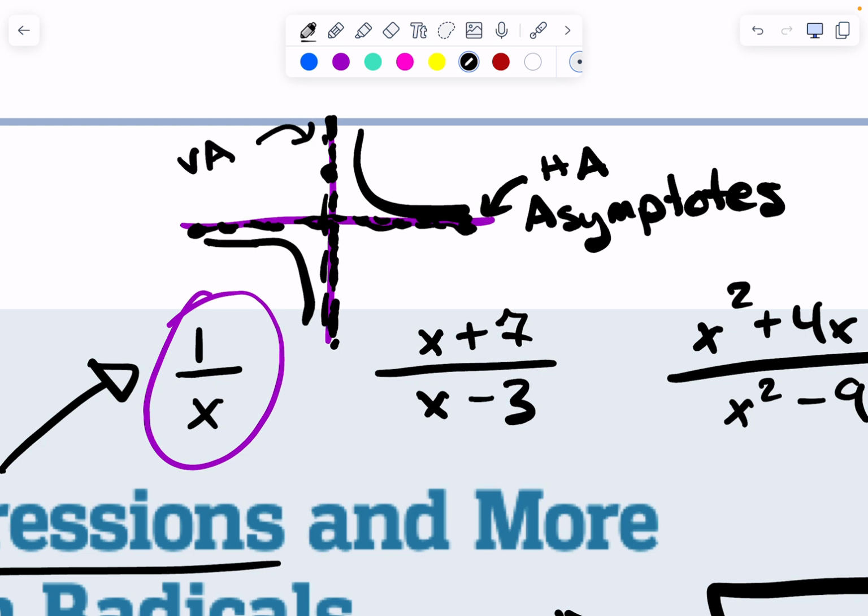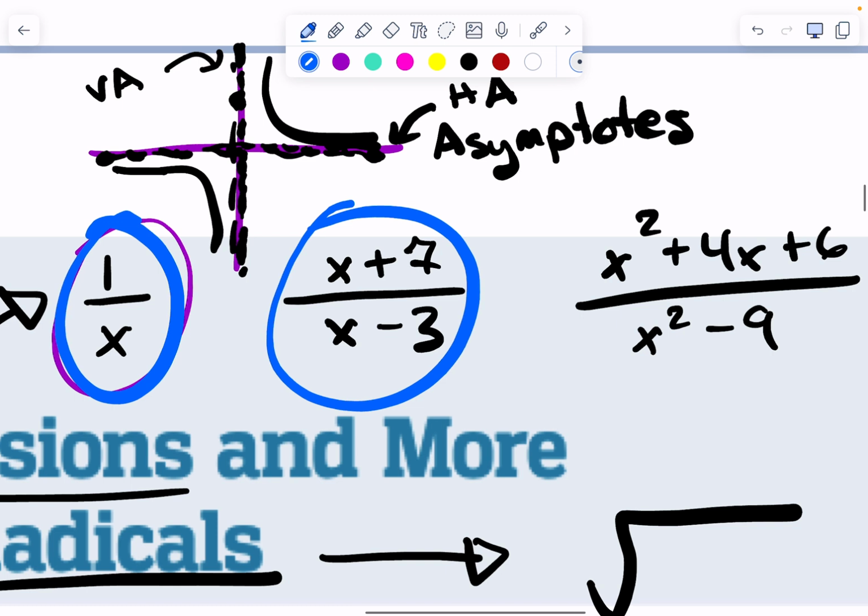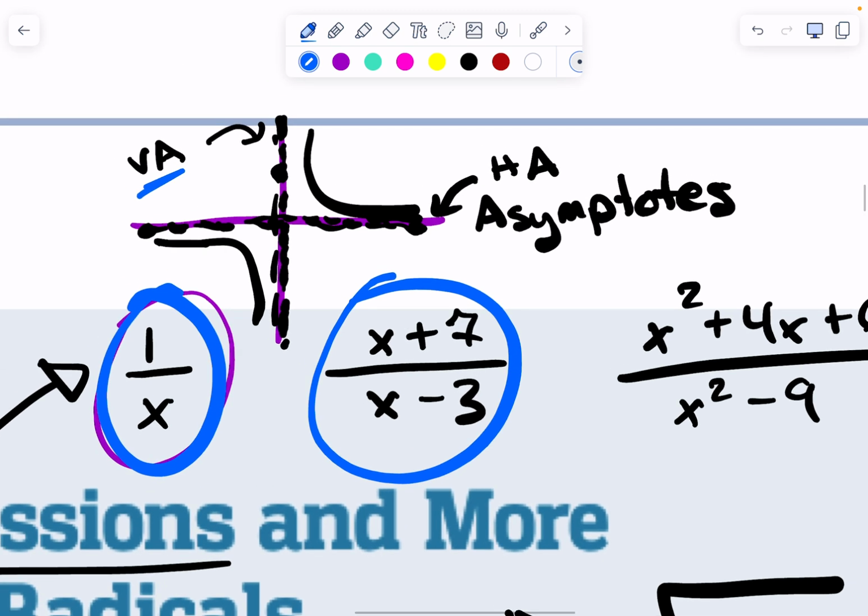Okay, now I'm going to give you a little preview of what's going on here. In these functions, looking at the equations, I can tell from the equation where the VA and HA are by doing different things. The VA always comes from where the x poops out, right? Like where x doesn't touch.